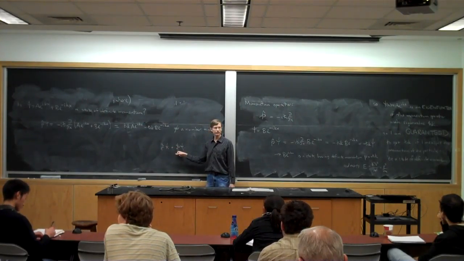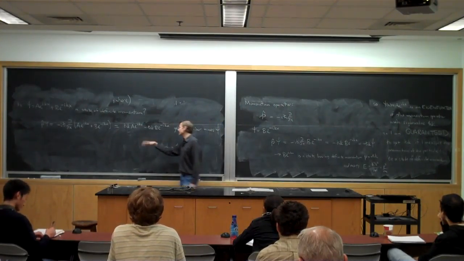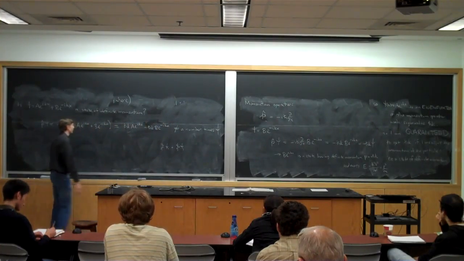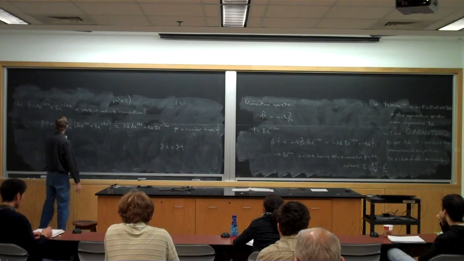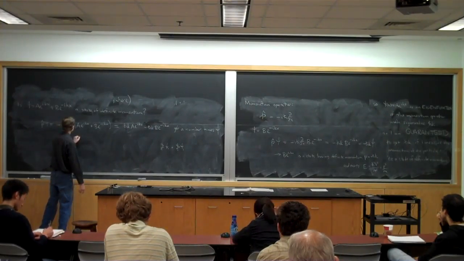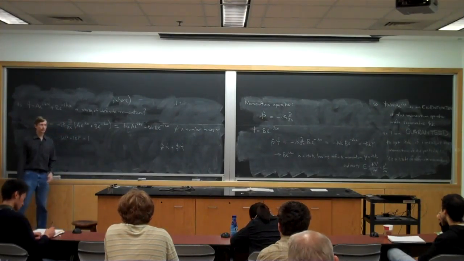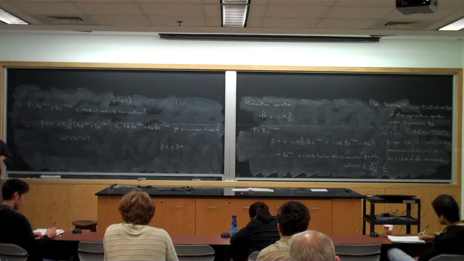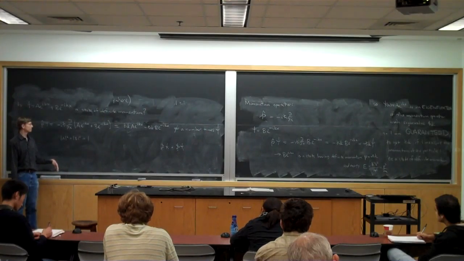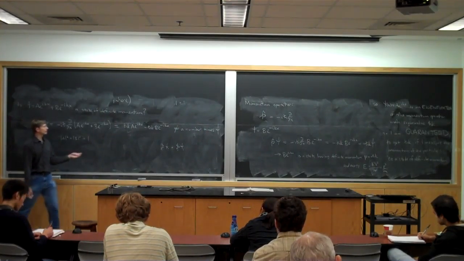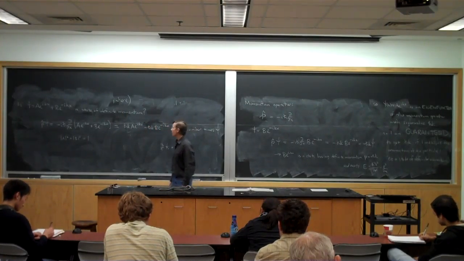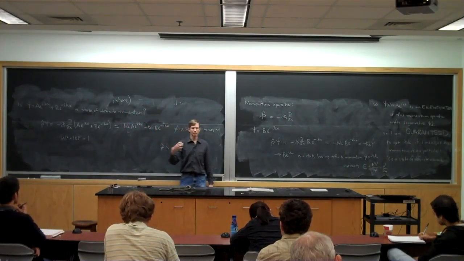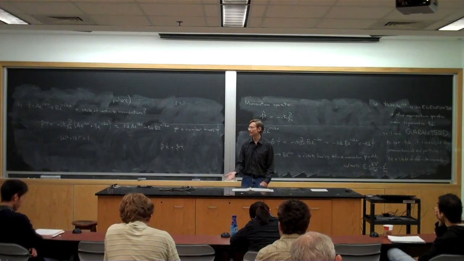The probability was the coefficient squared. Well here, even though this isn't normalizable, if we have a combination like this, we could still impose a squared plus b squared equals 1 in order to get an interpretation in terms of probabilities. So the probability of getting h bar k would be proportional to the absolute square of a, and the probability of getting minus h bar k would be proportional to the absolute square of b.